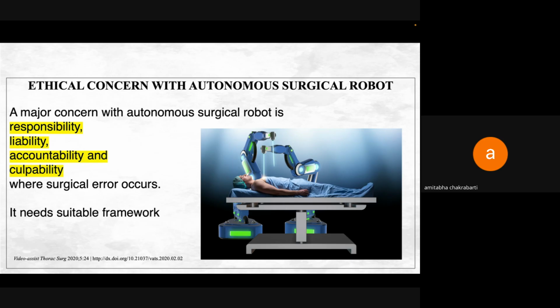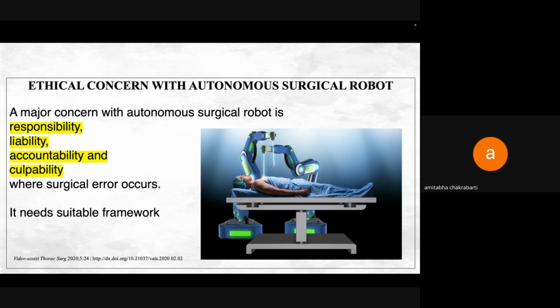It is a state of guilt. So for each point of autonomous surgical robots, when we are going from a manually operated robot to a highly automated robot, these concerns are very important. Who will be responsible? Who will be liable? Who will be accountable? And who will be culpable?